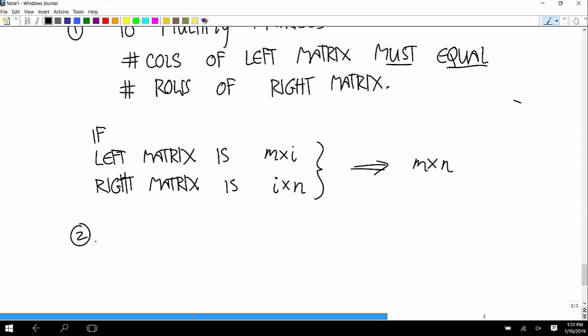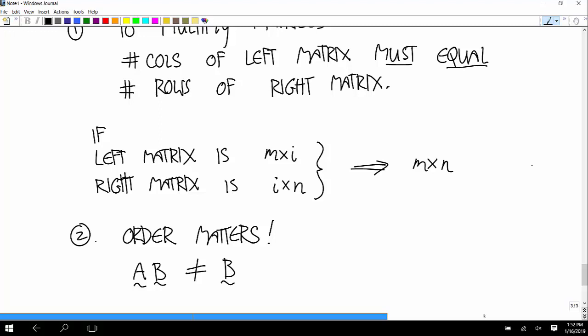Number 2, order matters in matrix multiplication. This is one case where multiplying matrices is different than multiplying numbers. So A times B is not equal to B times A. It's not commutative, right?